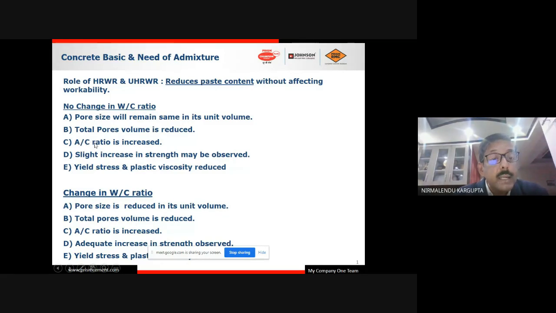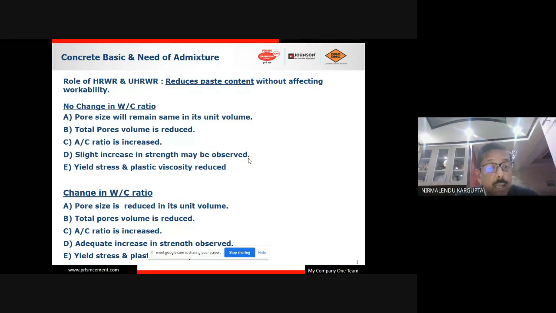So the aggregate cement ratio is increased because it reduces paste volume and increases aggregate volume, because we have to maintain yield also. A slight increase in strength may be observed, though the water cement ratios are the same, but due to the higher aggregate cement ratio you can get a little bit more strength. Sorry, yield stress and plastic viscosity are also reduced as compared to the control concrete.